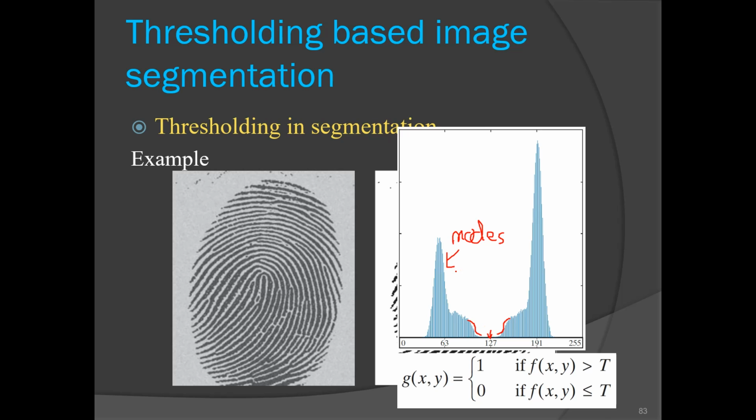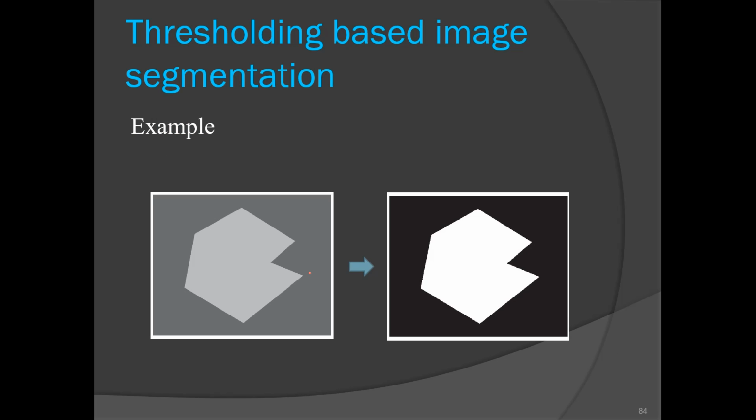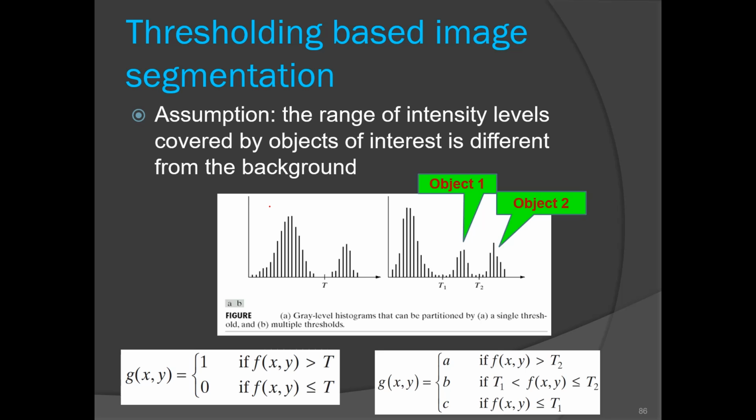So if we have such a histogram for the input image, we can apply the thresholding operation and perform the segmentation task. This is our T, the threshold is represented by T. So f(x,y), if the intensity value of the current pixel at the (x,y) coordinate is greater than T, you assign 1, and otherwise 0. Here we are assuming that the range of intensity levels covered by the objects of interest is different from the background.